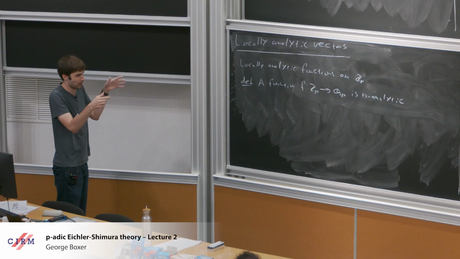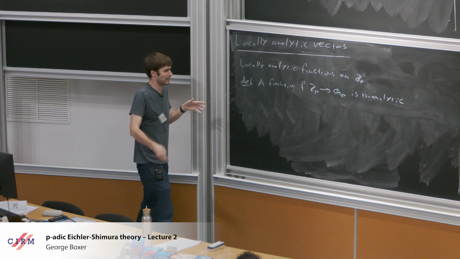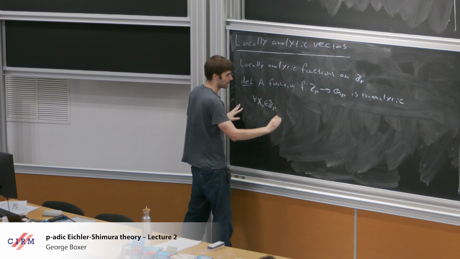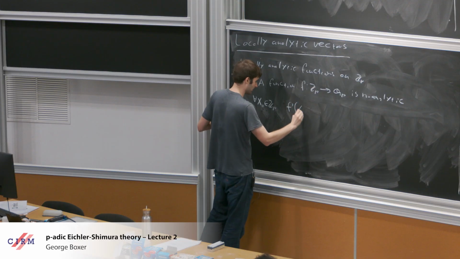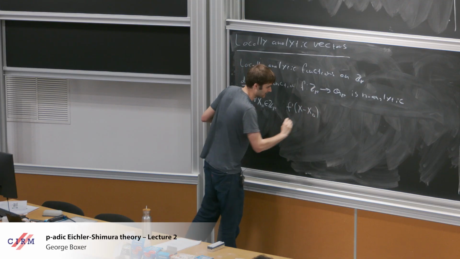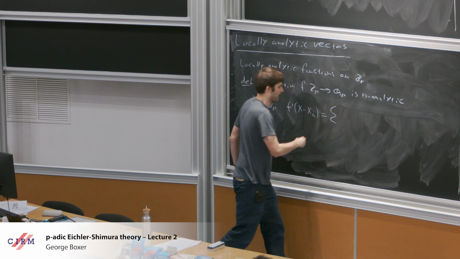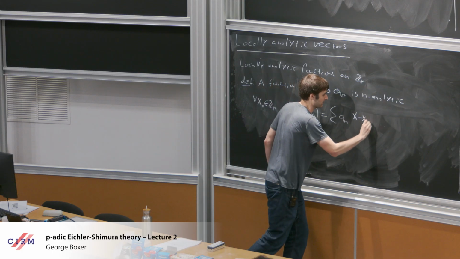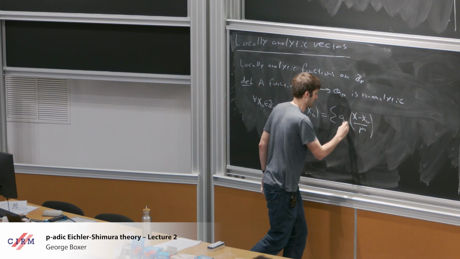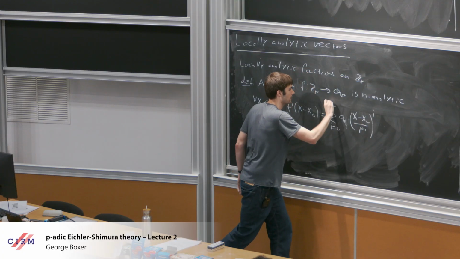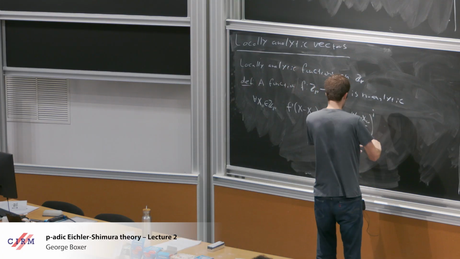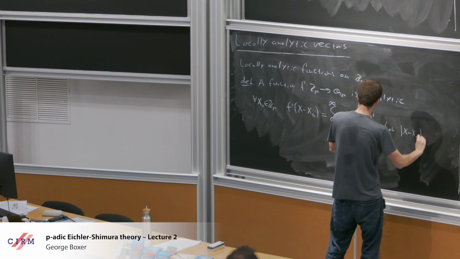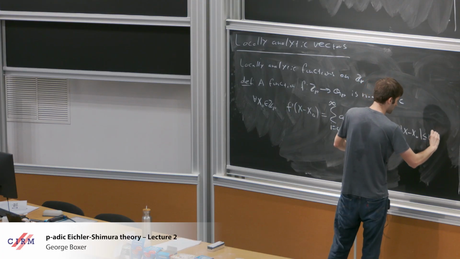basically if on any ball of radius p to the minus n, it's given by an analytic function. So for any x_0 in Z_p, f of x minus x_0 is given by a power series, the sum of a_i times (x minus x_0 over p^n) to the i, for |x minus x_0| less than or equal to p to the minus n.